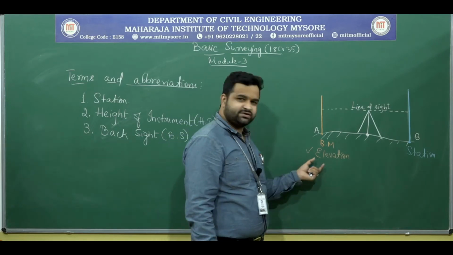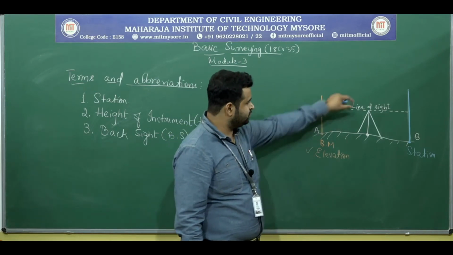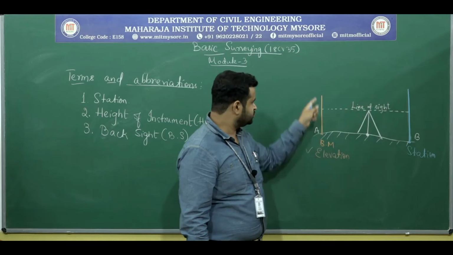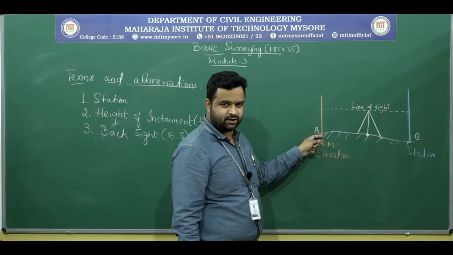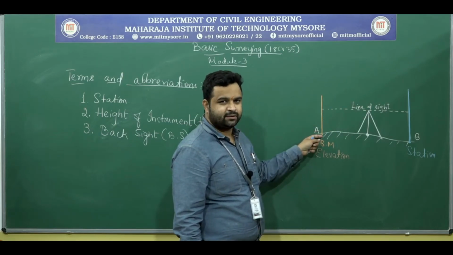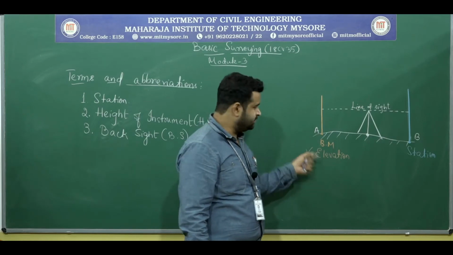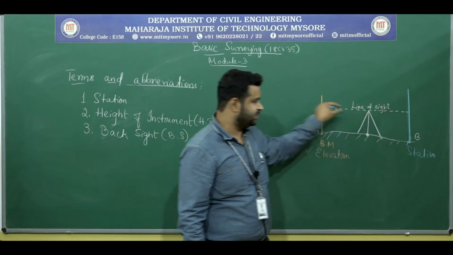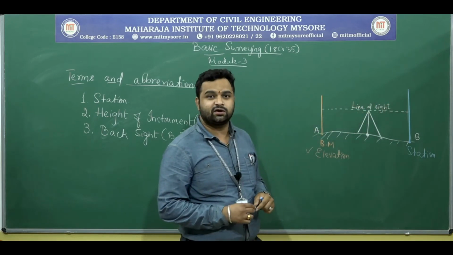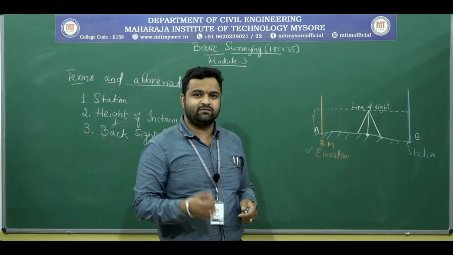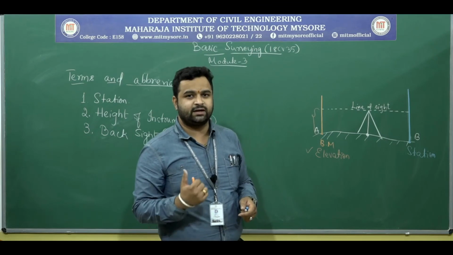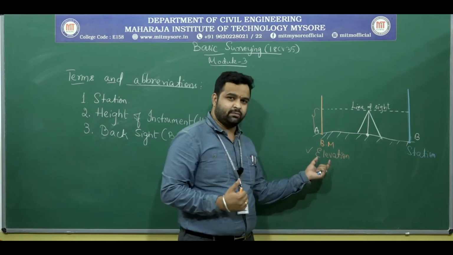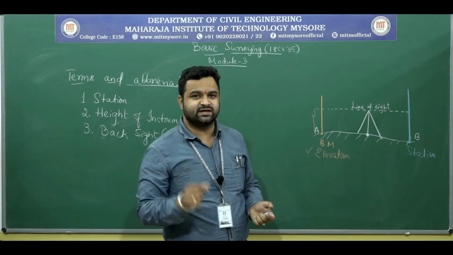So if you know the elevation of this point and you need to know the height of the instrument, you should keep a staff or a rod here and take the sight. If you add this elevation plus this reading, you are going to get the height of the instrument. Back sight is always added to the level of datum, so it is also called plus sight.